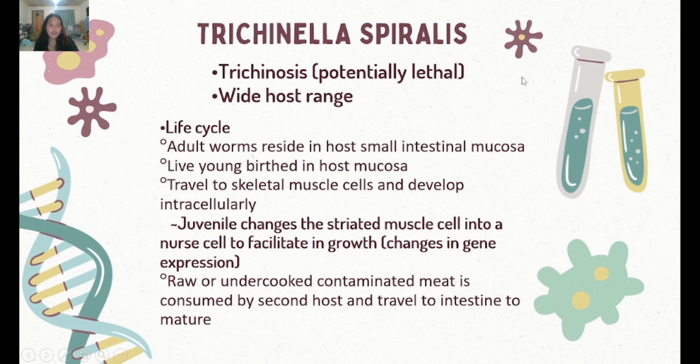So kasagaran sa tawo kay wala naka-realize nga naa sila aning infection until nga mapasa na siya sa iyang mga friends or families or any person nga naa sa iyang surroundings. So too late na.